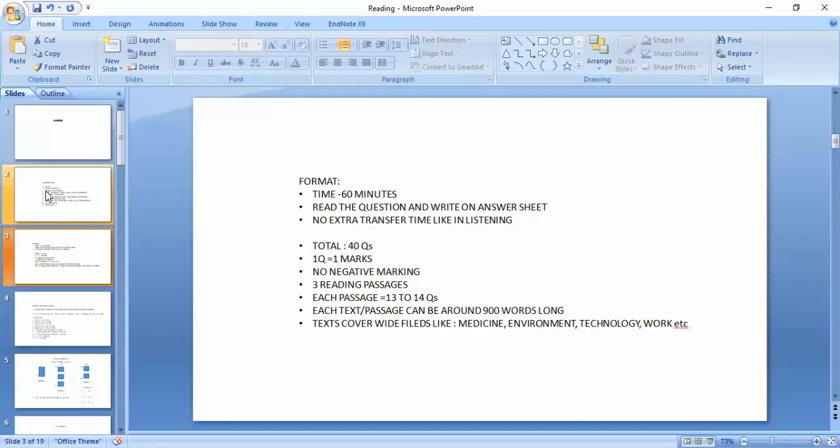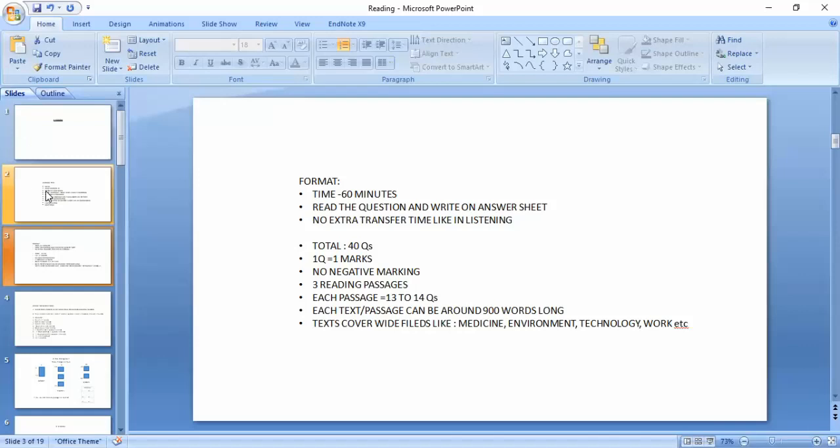So there would be no negative marking, and in total, there would be three different reading passages. You would have 1 hour to answer the questions from the three different passages. And it's up to you to start answering from passage 3 first, then passage 1, followed by passage 2, or in any order of the reading passages, depending upon your competence or easiness, or whichever you are comfortable with.